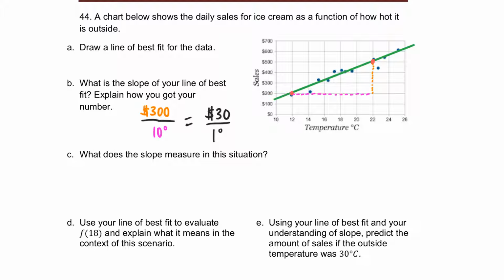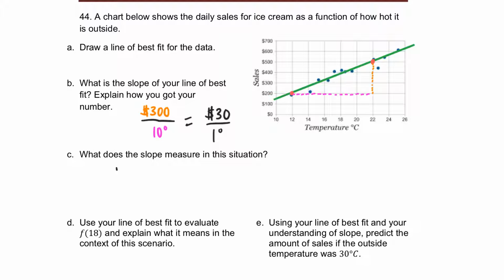It's the same thing. Okay, and the next question is, what does the slope measure in this situation? What it's saying is basically for every 1 degree that you go over, your sales will go up $30.